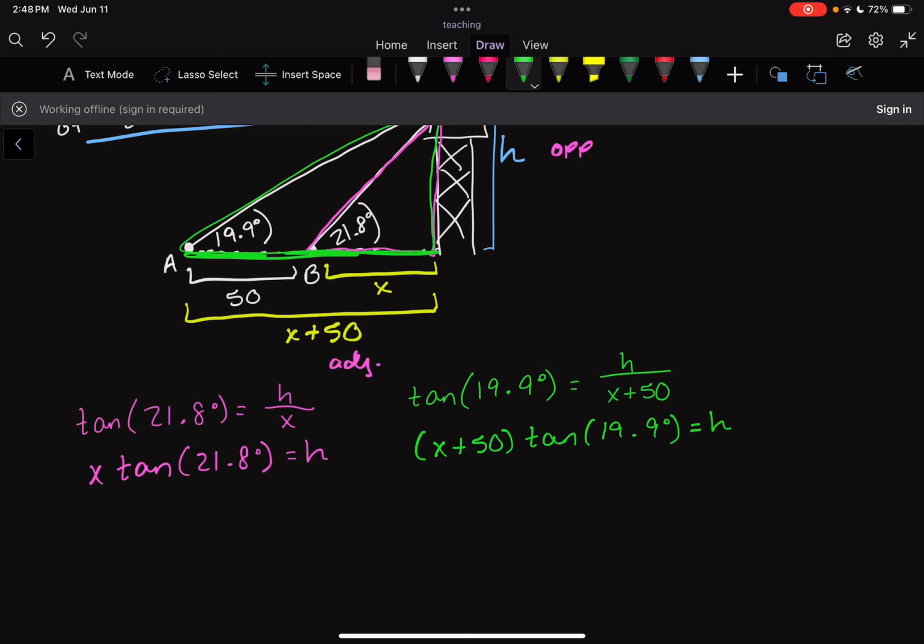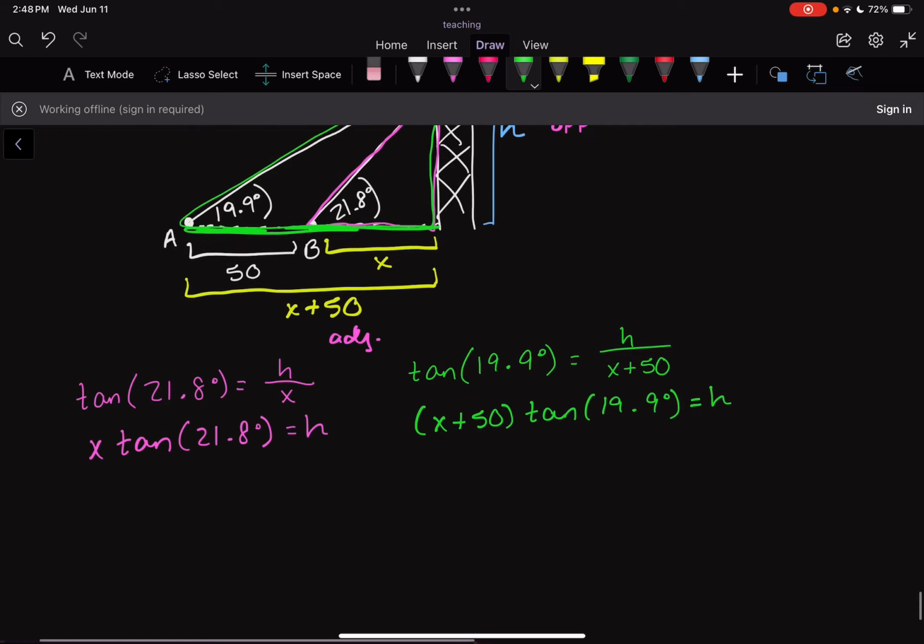So what I'm going to do, because I do find it a little easier algebraically, is I'm going to leave them both set equal for h. Since they are both set equal to h, I can set them equal to each other. So I'm going to set this equal to this, basically ignoring the h's since they're both equal to h, so they're equal to each other.